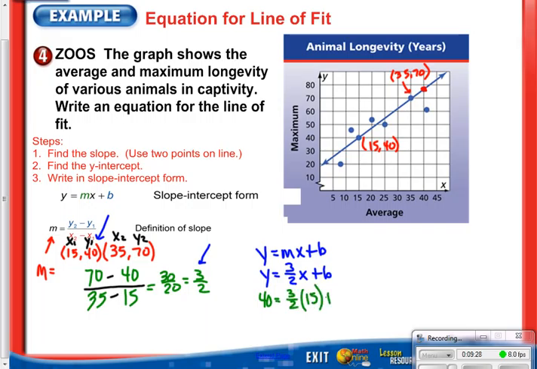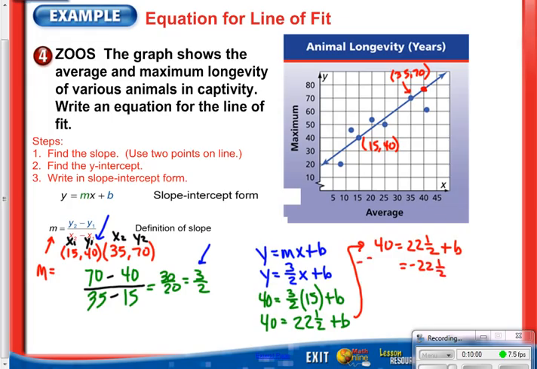Now I'm going to solve for b. So we have 40 equals, we have 3/2 times 15, which would give us 22 1/2, and that would be plus b. Get b alone. In order to get b alone here, we would subtract 22 1/2 on both sides.